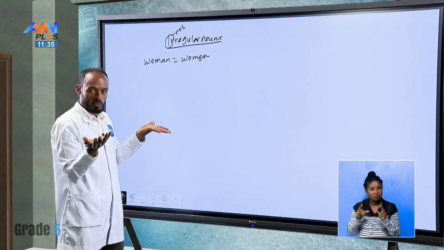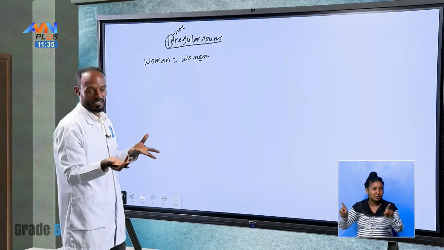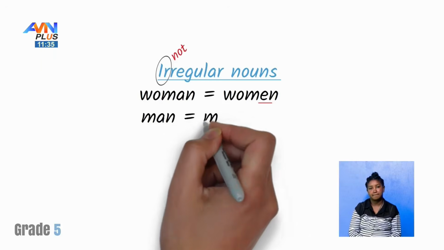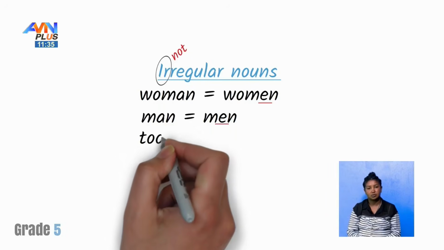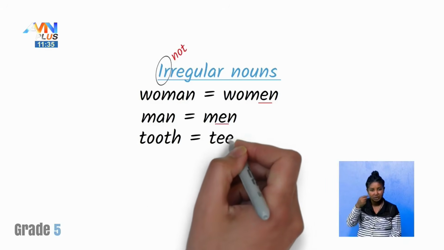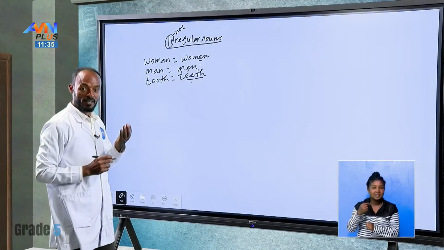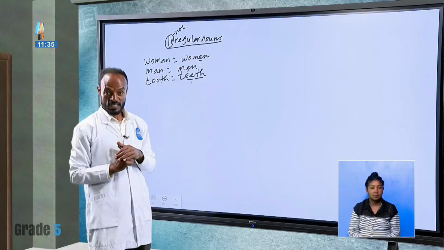There is no regular form just like S, ES, or IES. They do not take that. Man. What about tooth? When we say tooth, we mean singular. So we can change in this way. Is it clear? Nice. Such kinds of words can be considered as irregular nouns, okay?